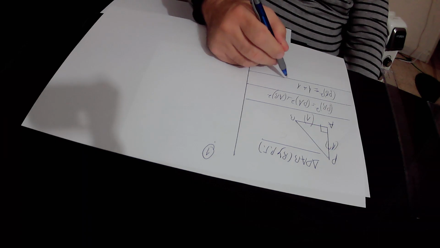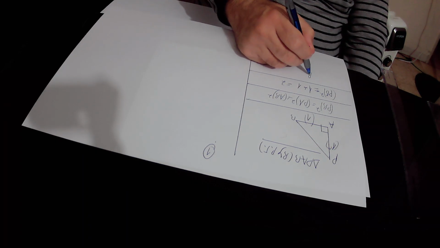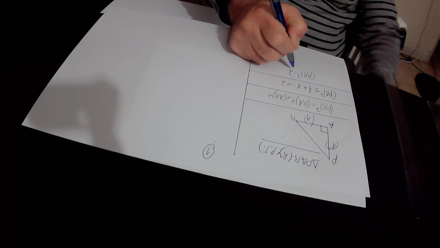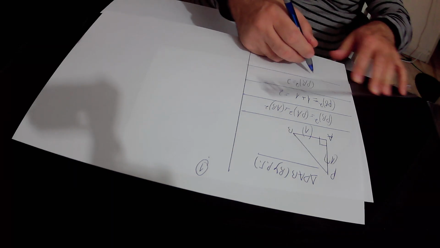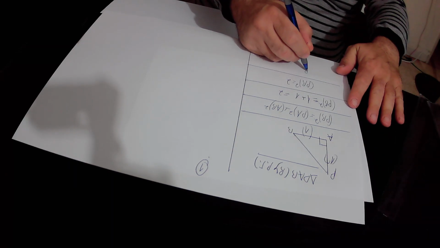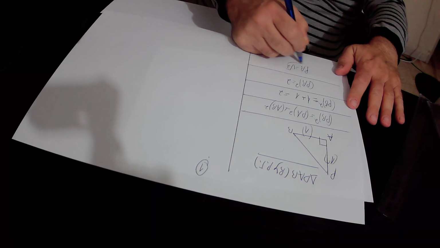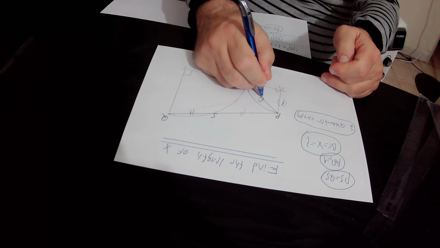So in total, PB squared equals 1 plus 1, that is 2. PB squared equals 2. We take the square root of this equation, and finally we get that PB equals the square root of 2 units. So the hypotenuse PB equals the square root of 2 units in its length.